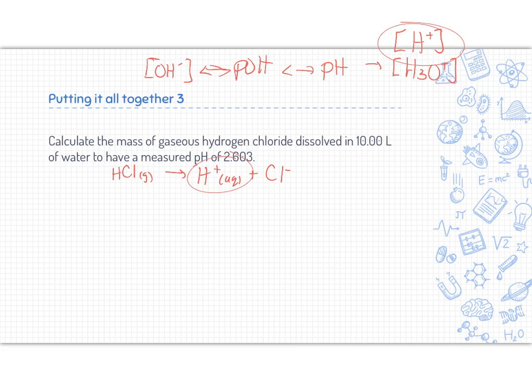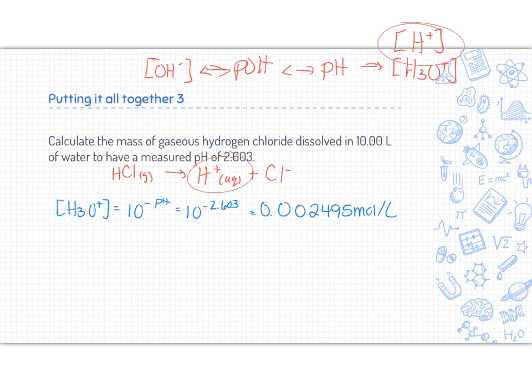So I'm going to use this pH value and I'm going to turn that into the concentration of H3O+. So concentration of H3O+ is equal to 10 to the negative pH, which is 10 to the negative 2.603. So I get a concentration of 0.002495 moles per liter.